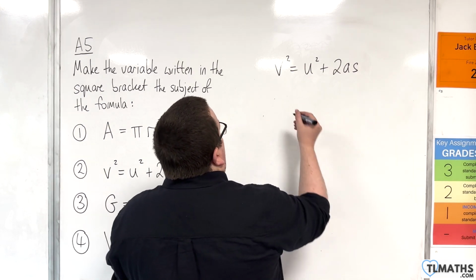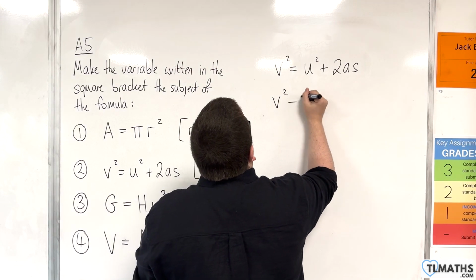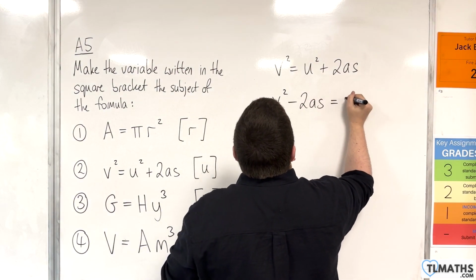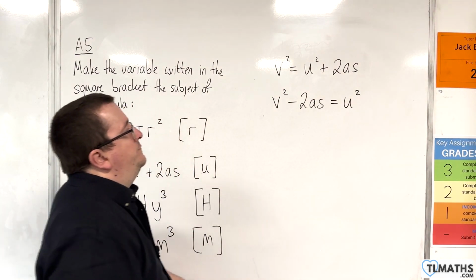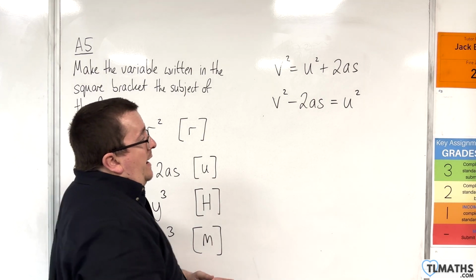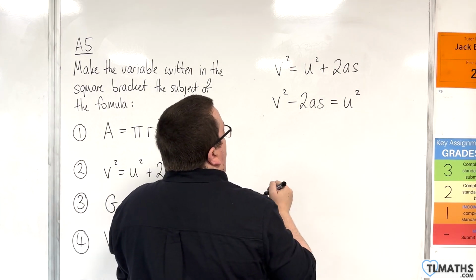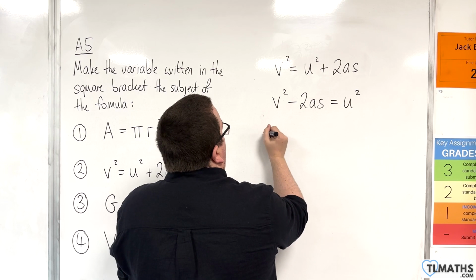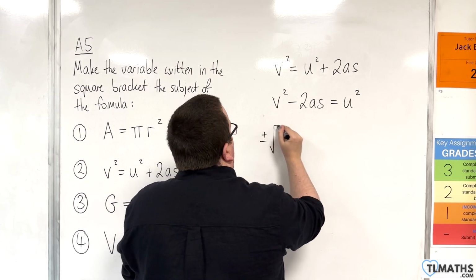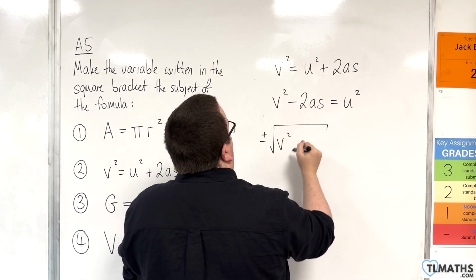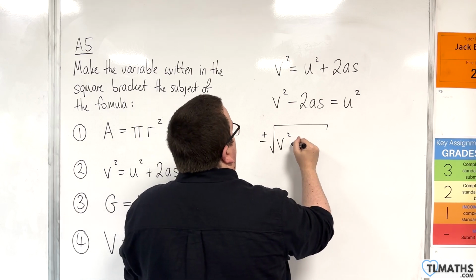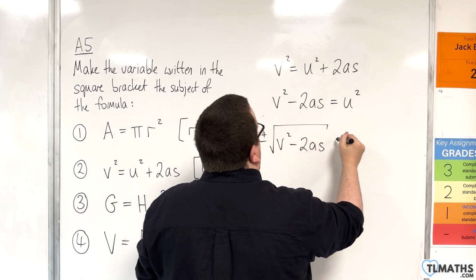So v squared take away 2as is u squared. And then I can square root both sides to get myself u. Again, context aside, that will be the plus minus the square root of v squared minus 2as.